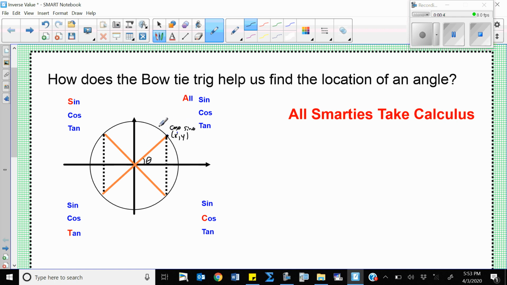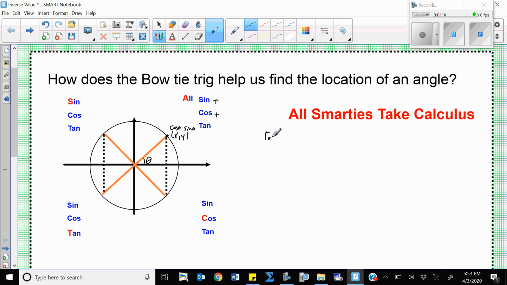On the first quadrant, we know that always x is positive because it's on the right side of the origin. So if x is positive, that means cosine is also positive. And y value also is positive on the first quadrant, so sine is also positive. Now what happens to tangent?